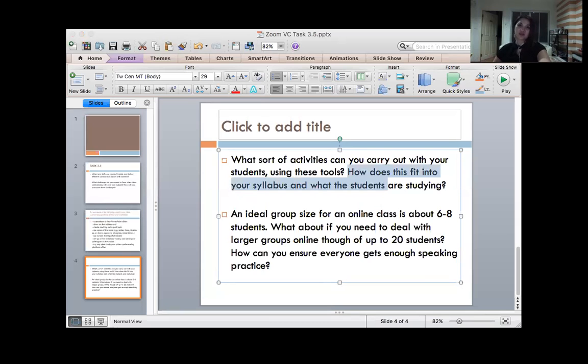If you have 20 students and 5 students per breakout room, that's 4 breakout rooms, and it would be hard to go from one breakout room to the other. So she suggested that we could have an extra laptop and create an extra account.